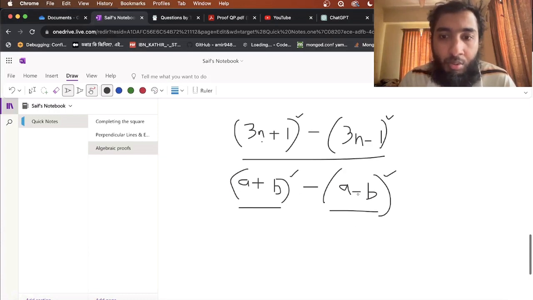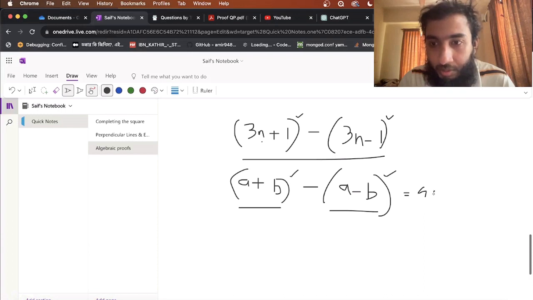So if I use this formula, a square plus twice ab plus b square, minus a square minus twice ab plus b square. So the resultant would be what? 4ab. So this is the formula.